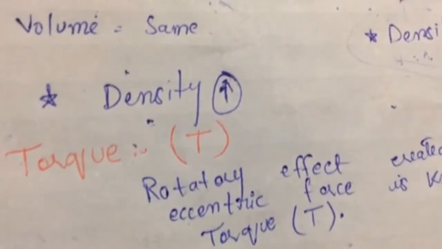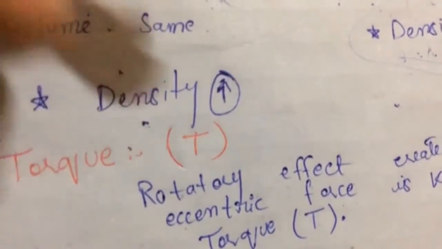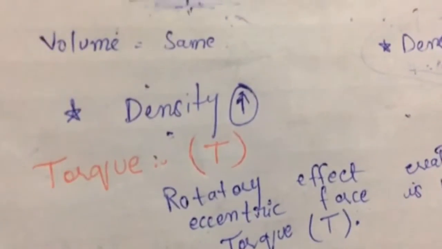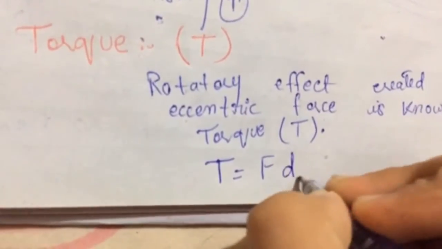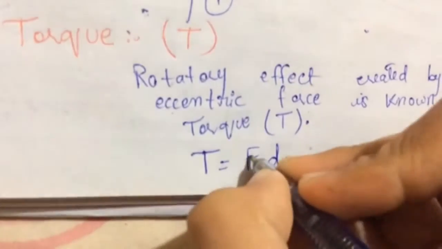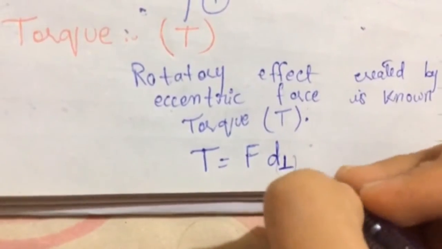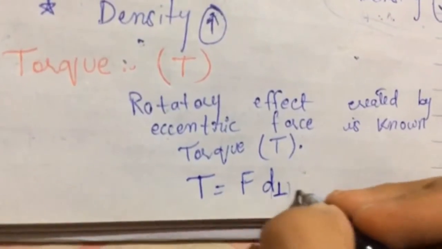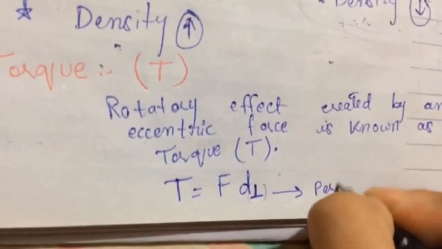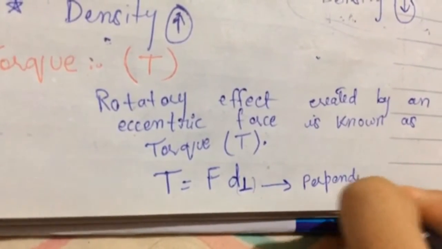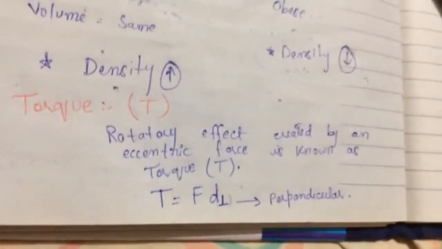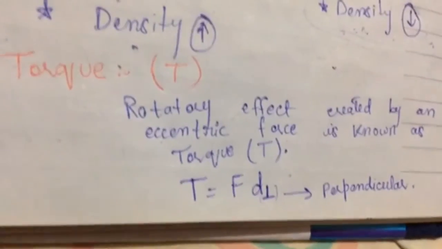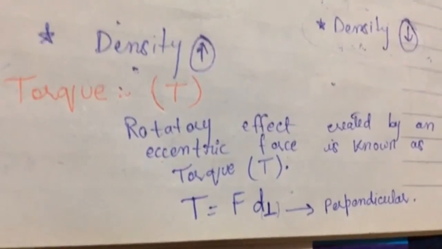The formula for torque is T equals F into D perpendicular, and that is the symbol for perpendicular. So torque is equal to force into perpendicular distance.